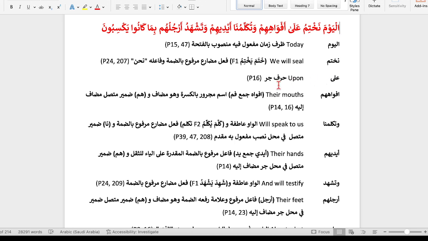Ala, harf of jar, afwahi, so ism majroor. This is actually the jam' of famun, meaning the mouth. So afwahun, the mouths. Ala afwahi jarun wa majrurun, upon their mouths. And then afwahi also becomes mudaf, and him is dameerun muttasilun mudaf ilayhi.